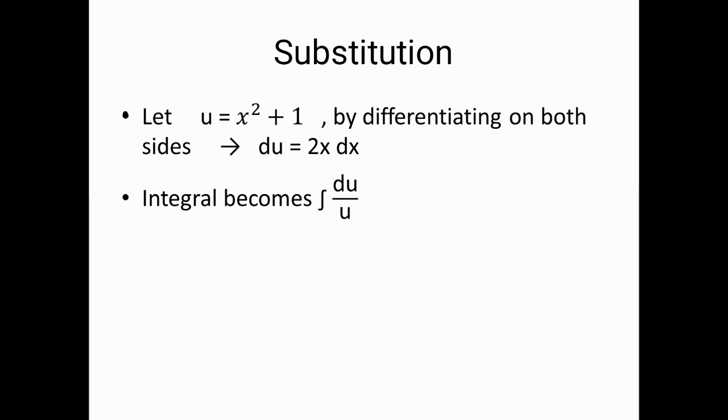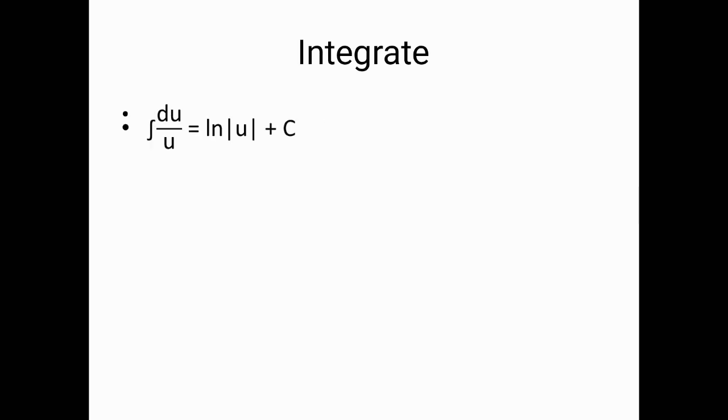This is the simplest expression, a basic rule of integrals. The integral of du over u will be equal to, let's go to the next slide, ln of u plus c. Remember that this c is the integration constant.